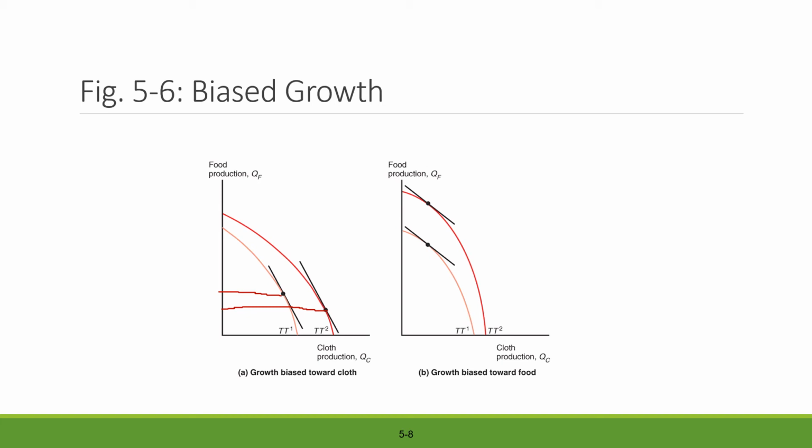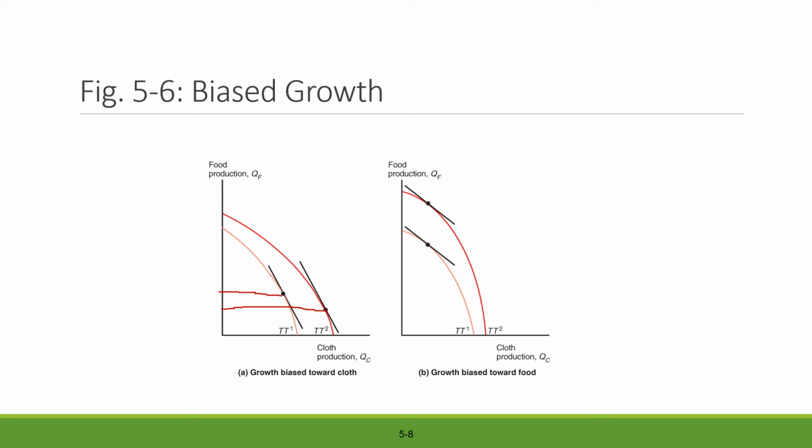This is again taken from the Heckscher-Ohlin model. Whenever a factor increases in a certain sector, for example, cloth uses machinery more intensively, and capital has increased, so we are having biased growth towards cloth.